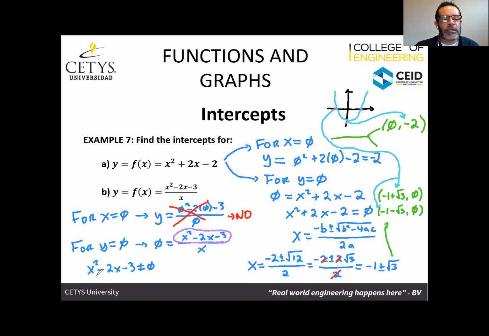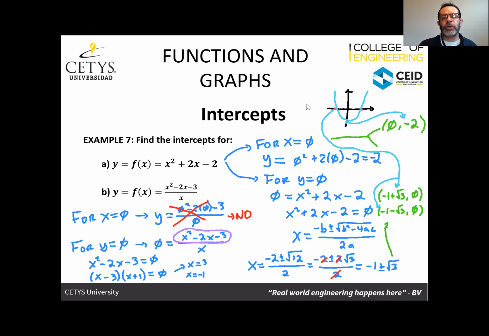And if I'm not mistaken, this can be factored into X minus 3 and X plus 1. That would mean that the two intercepts would be at X equals 3 and at X equals -1.